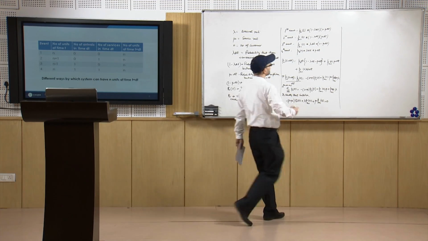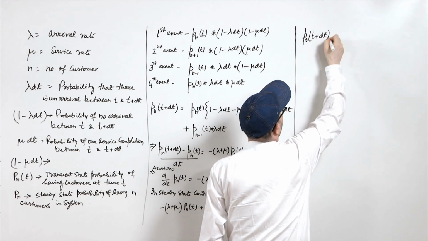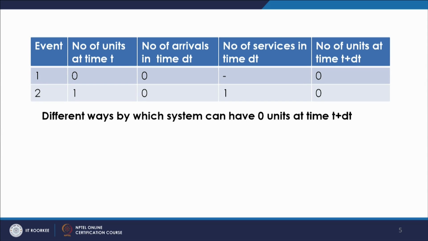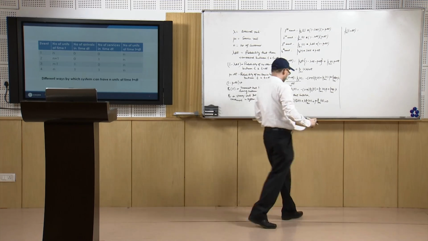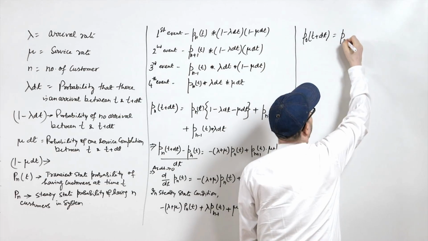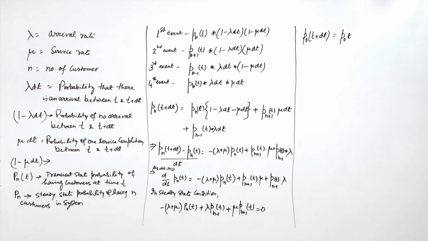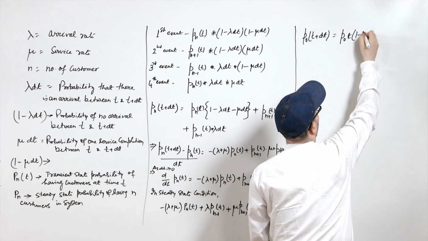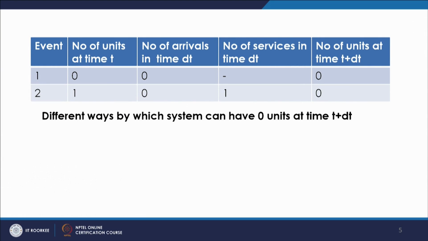So, we can further write P 0 (t + dt), you will have these two mutually exclusive cases. There is another case in which you may have one arrival and one service both, but that case anyway will be cancelled. So, it will be P 0 (t), and in that case you have 0 arrivals, so it will be 1 minus lambda dt, and the probability of having no service certainly will be 1 itself.